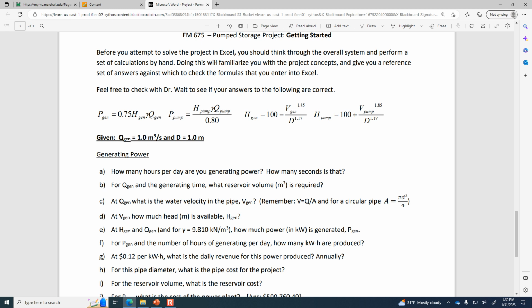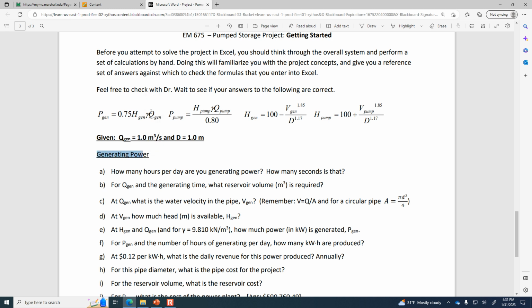If Excel can reproduce your hand calculations, then you can start tweaking the dials on the optimization, and it'll save you so much time and you're much less likely to make mistakes. I think this section will be particularly useful to people who don't have any background in hydraulics. Let's just look at this first part, generating power, for example.